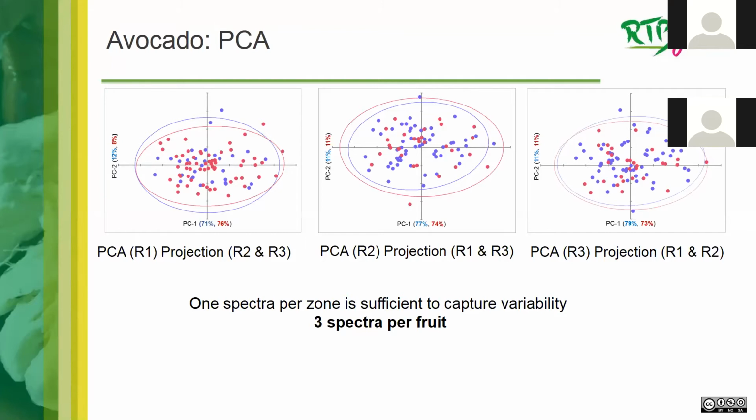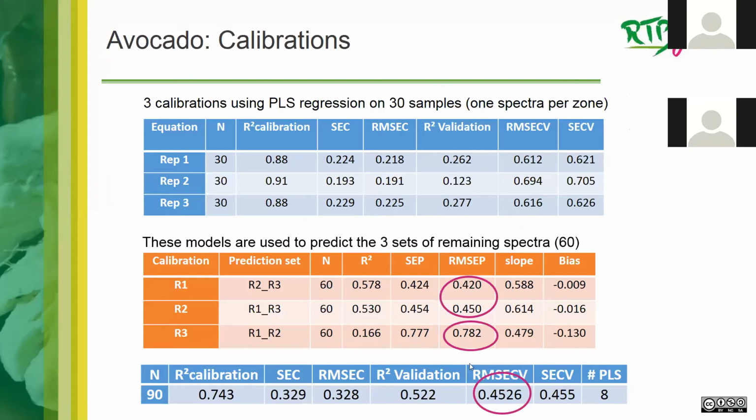And what explains replicate 3, what we observed just before, is not due to spectra variability not being caught, but to higher variability in replicate 3. This is due to higher dispersion in dry matter determination in the lab.